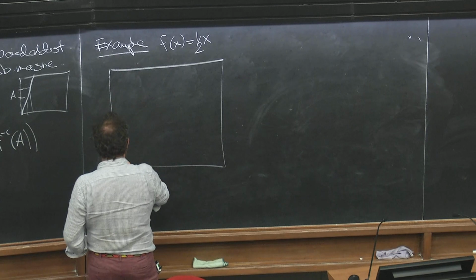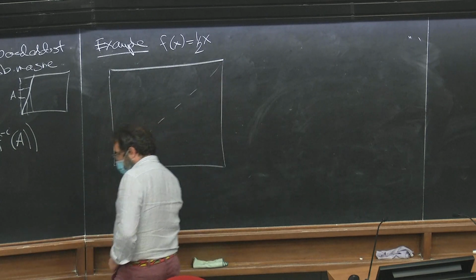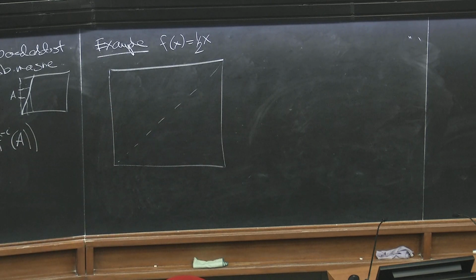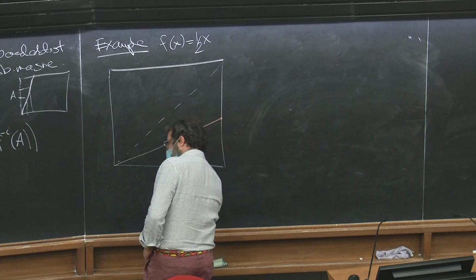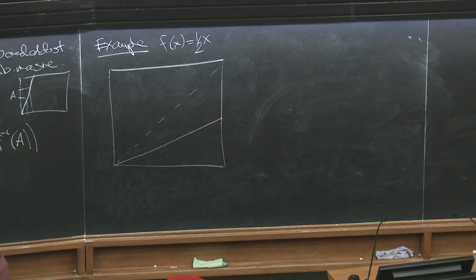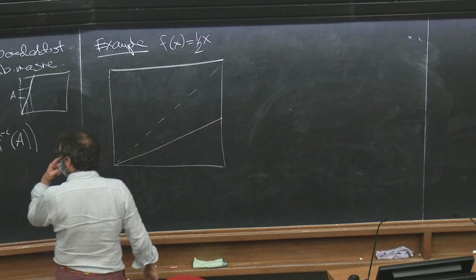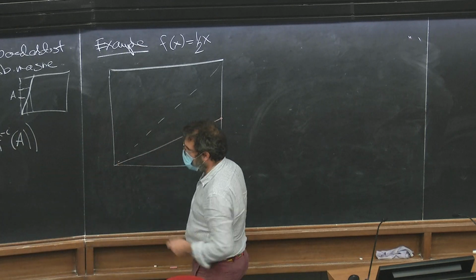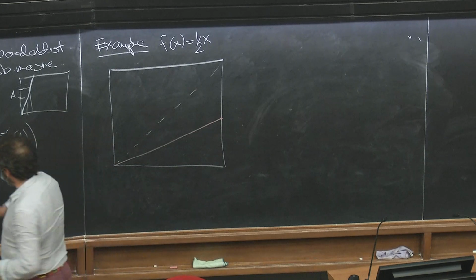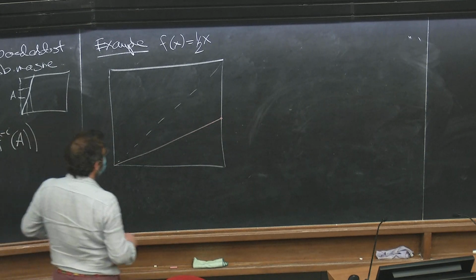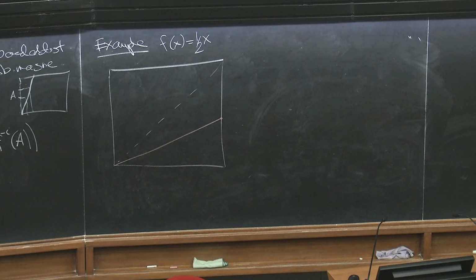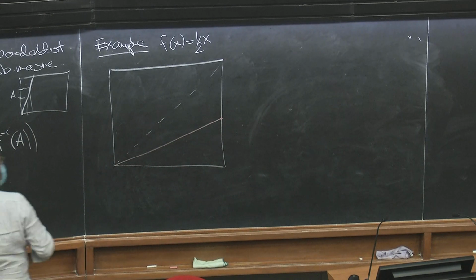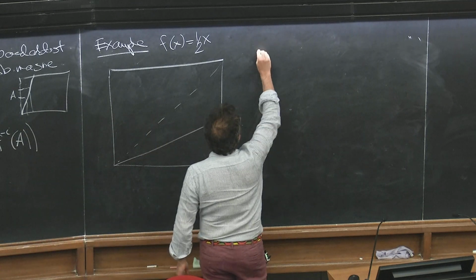Simplest possible map, right? So what do these maps, what do these measures look like? So let's say, what does f star of Lebesgue look like?